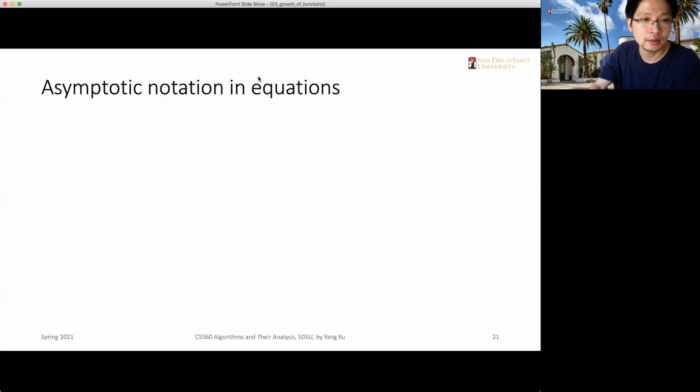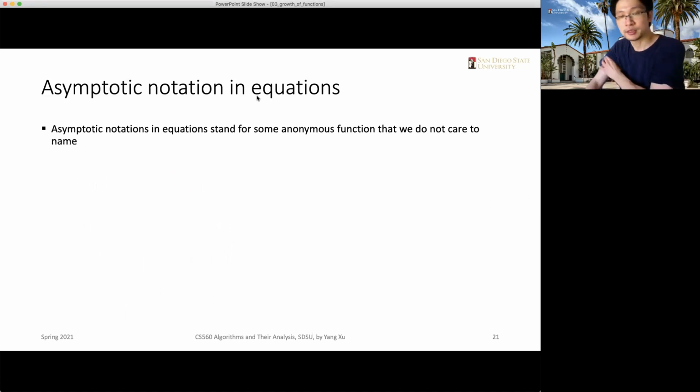Okay, and then in the next slide, let's look at the asymptotic notations in equations. The usage of these notations is, first, to represent some anonymous function that we do not care to name.